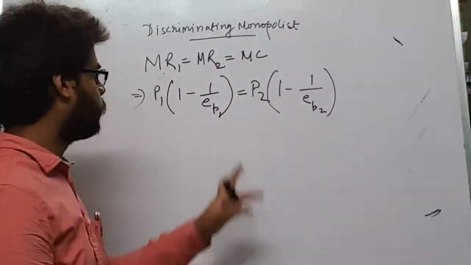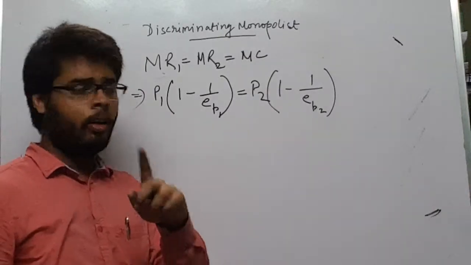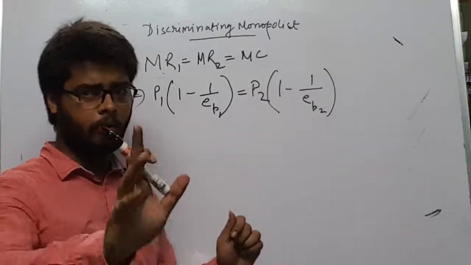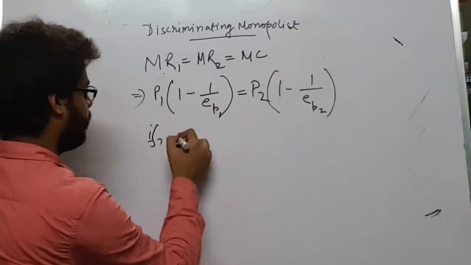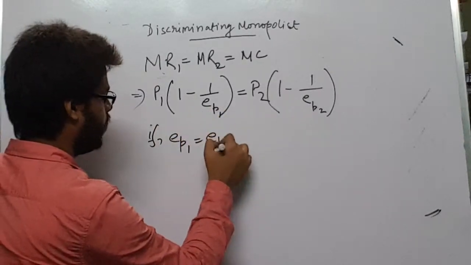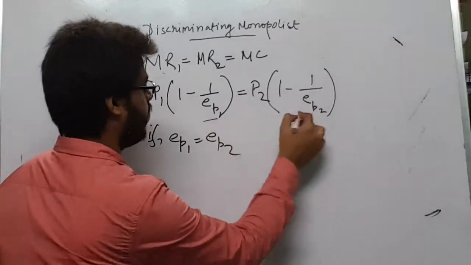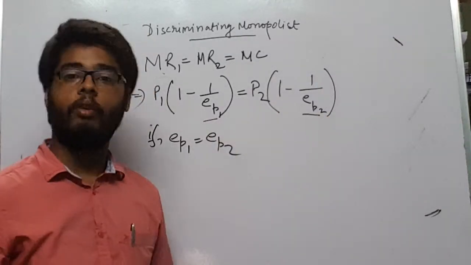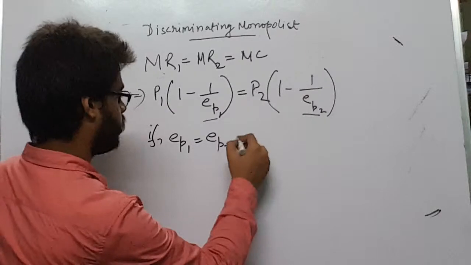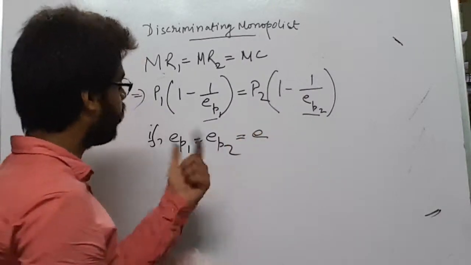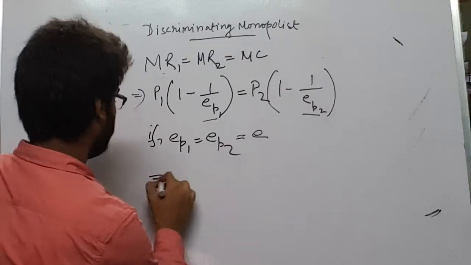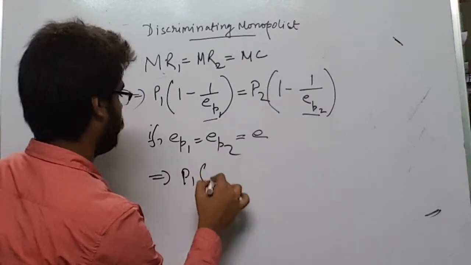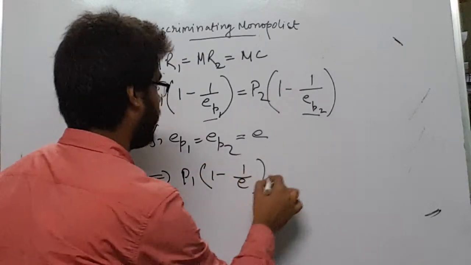Okay, students. Now we will consider some cases. If EP1 is equal to EP2, suppose these are equal, what will happen? Let EP1 equal EP2 equal E, then we can replace EP1 and EP2 with E. Our equation will look something like this.